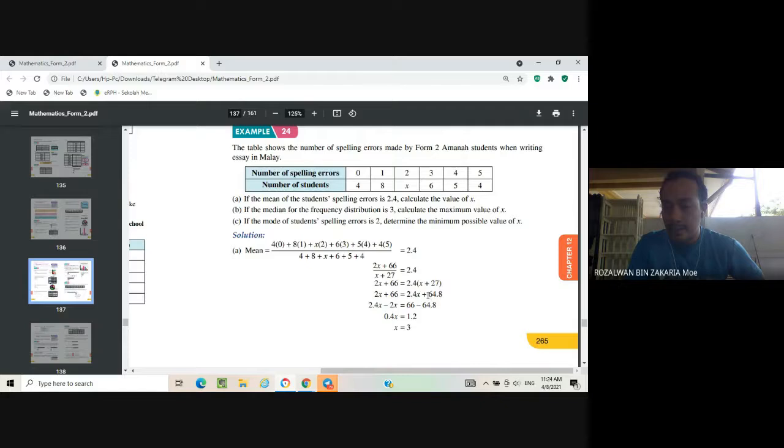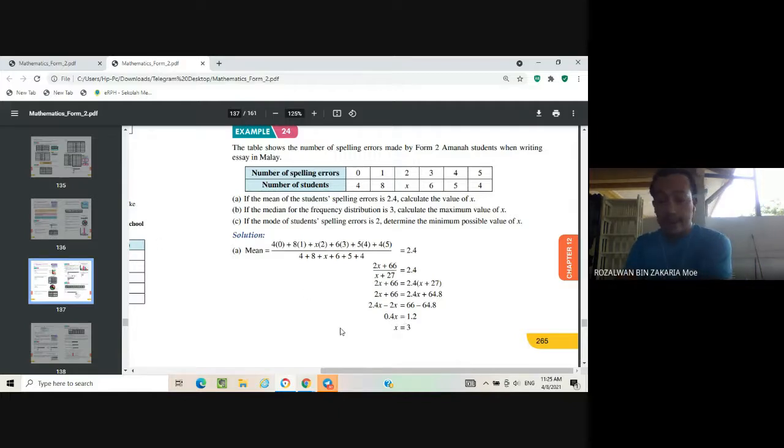The plus 64.8 you bring to the other side, and it becomes minus 64.8. So it is equal to 66 minus 64.8. So this is 0.4x equals 1.2.